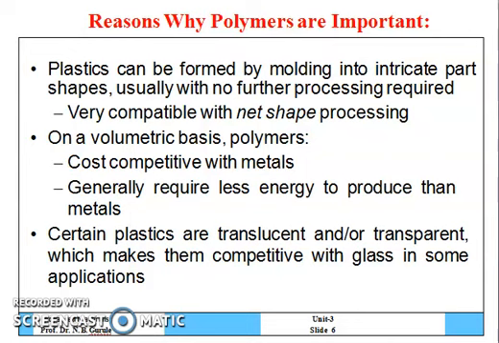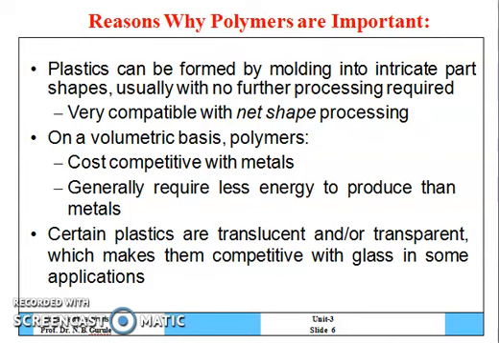Because plastics can be formed by molding processes into intricate parts, intricate shapes, and usually this formation takes very small operations and requires very few operations to get a final finished shape.